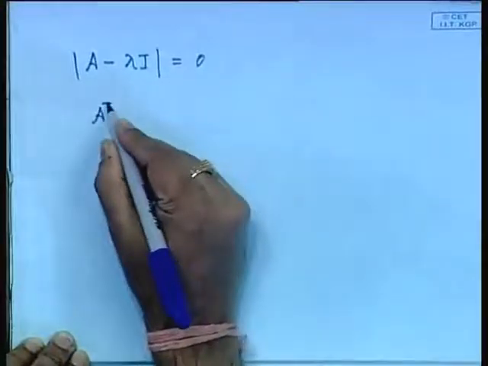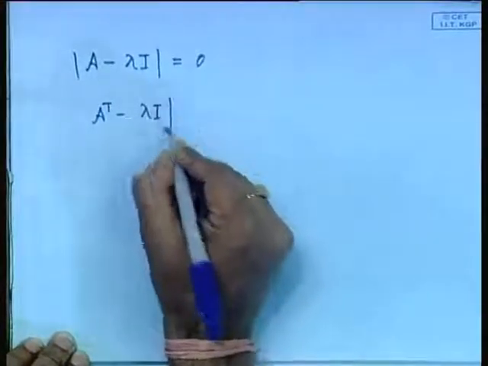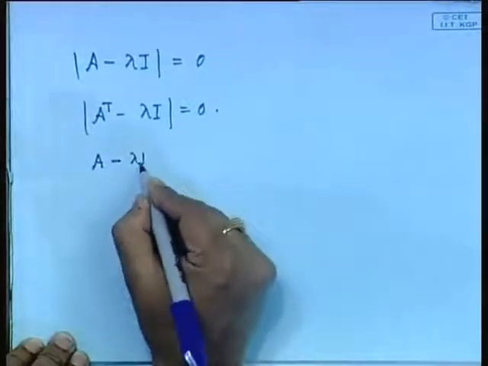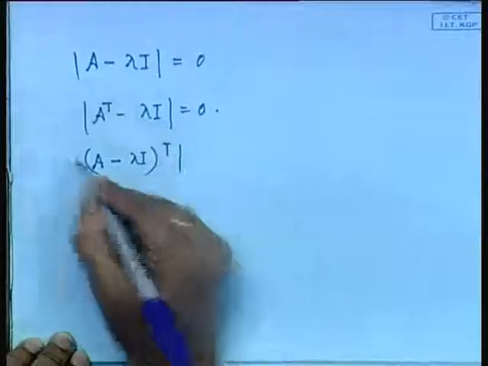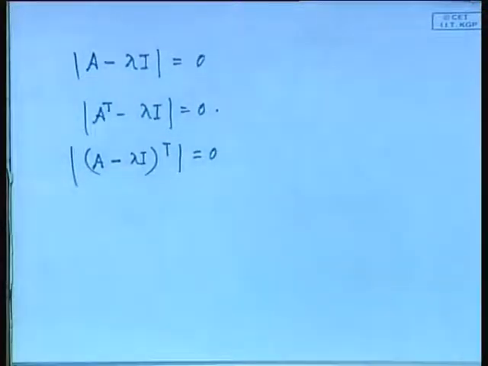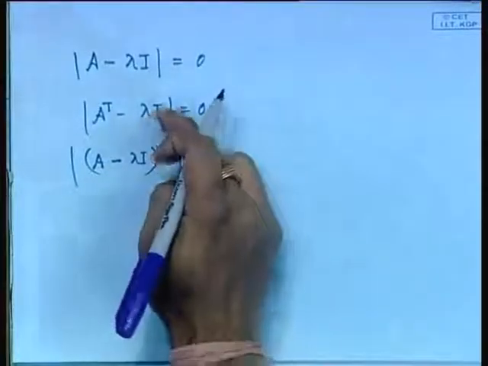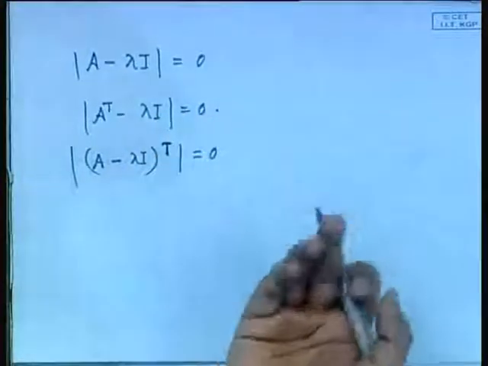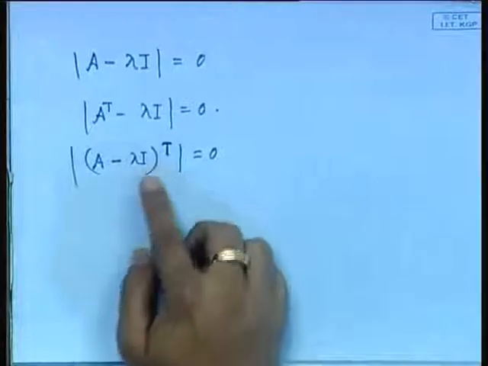And for A transpose, this is the characteristic equation, which is actually also, right, because this lambda I is the identity matrix. So, for the identity matrix the transpose is the same. So, it is A minus lambda I the whole transpose you can do.